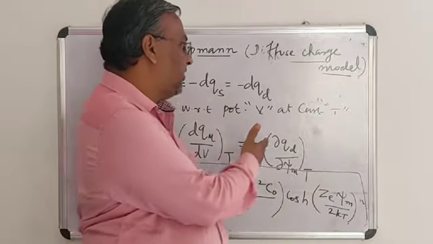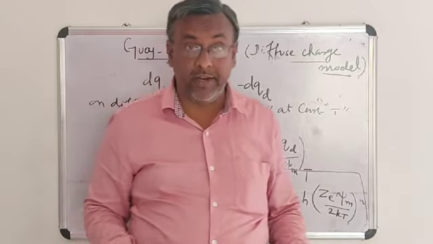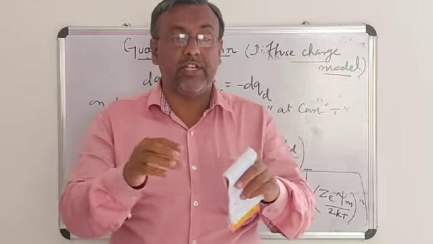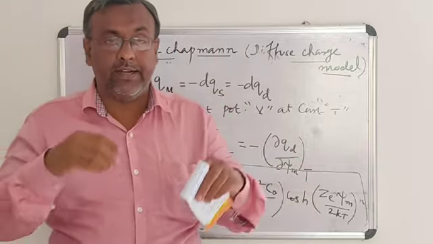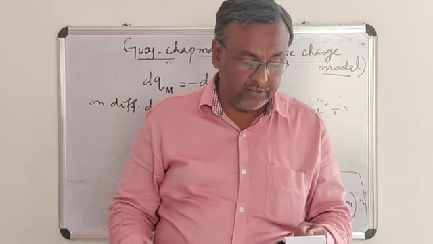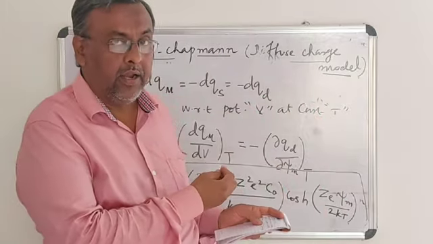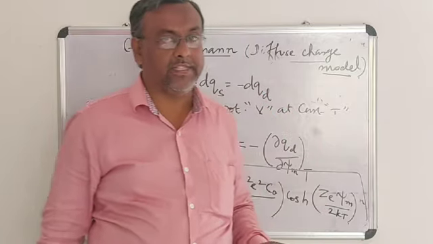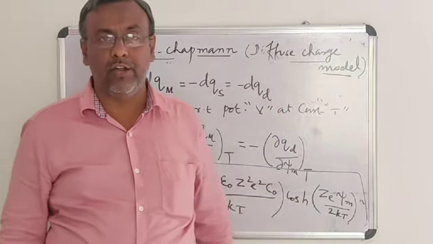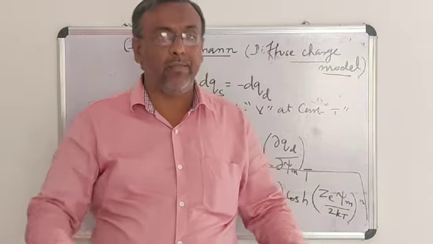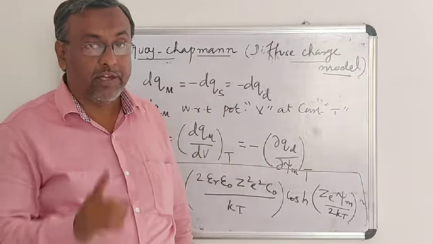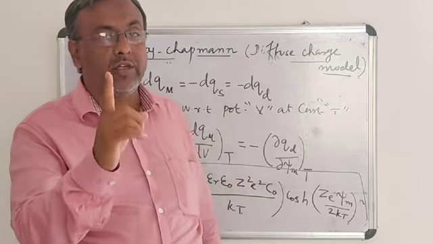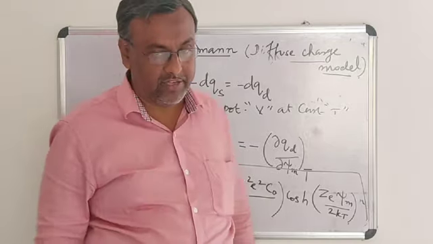Chapman has not considered the ion-ion interaction between the positively charged ions and the negatively charged ions, which is very important at higher concentration. This is okay in the case of dilute solutions, applicable there, but not in the case of concentrated solutions. This is one of the limitations of this theory.